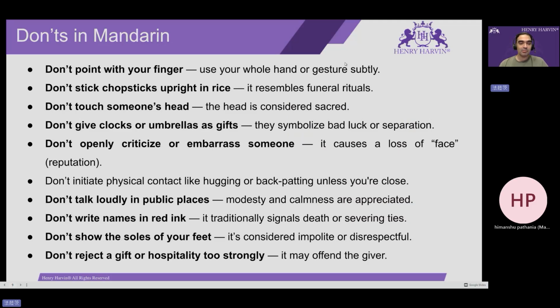He may think that you are rejecting him in a rather impolite and disrespectful manner. So it will not bring a good impression on the giver's side. So these are some of the important don'ts in Mandarin Chinese speaking culture that we need to take notice of.